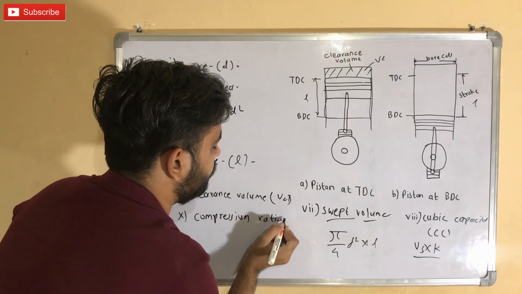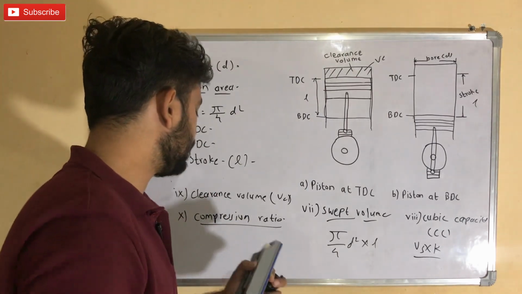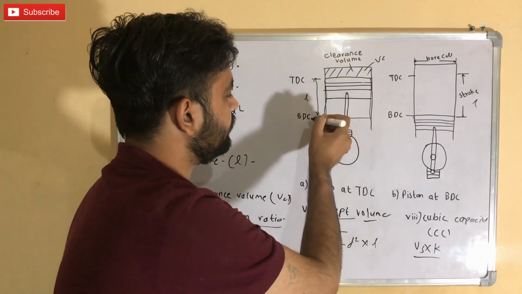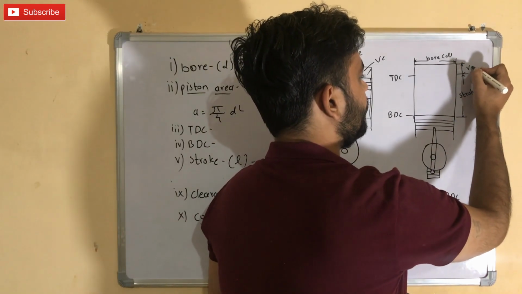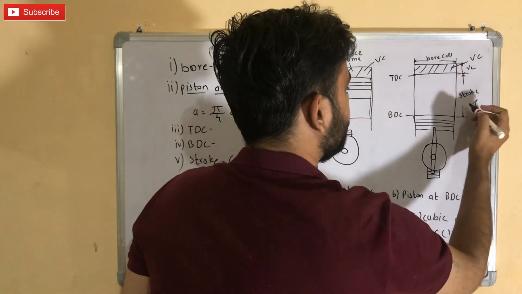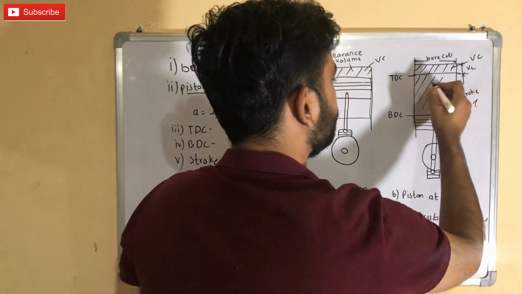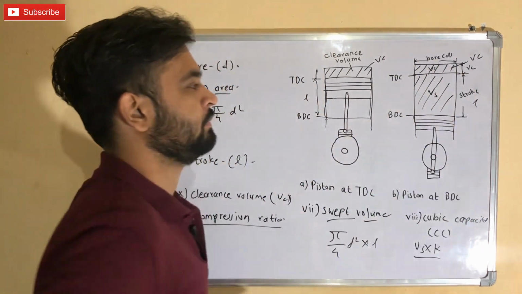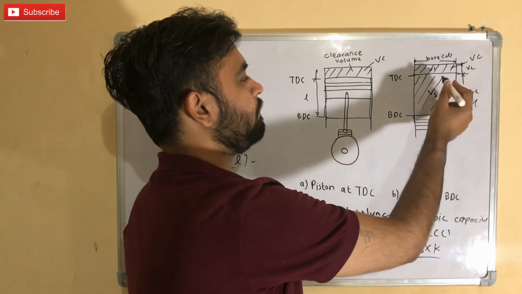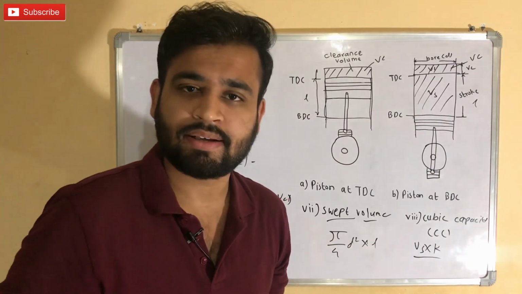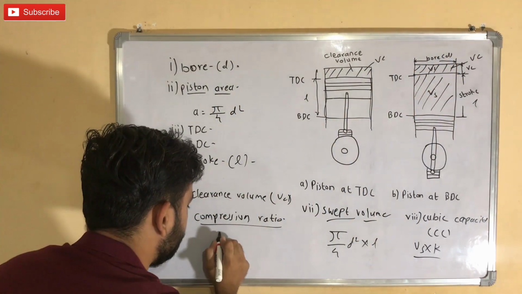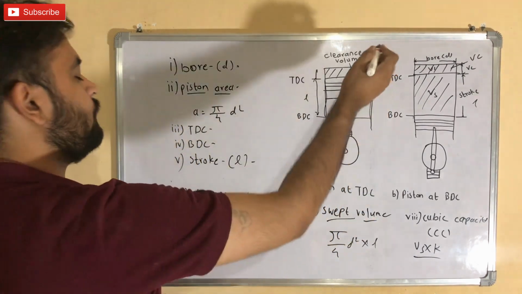The compression ratio is the ratio of the total volume occupied by the cylinder whenever the piston is at bottom dead center to the clearance volume of the cylinder. This is the clearance volume, VC, plus the swept volume, Vs. So the total volume will be Vs plus VC, divided by VC.